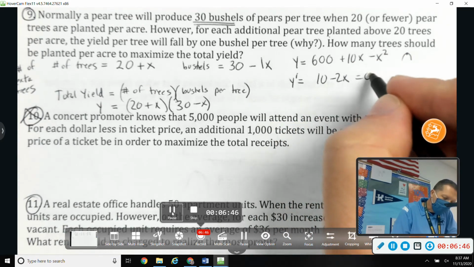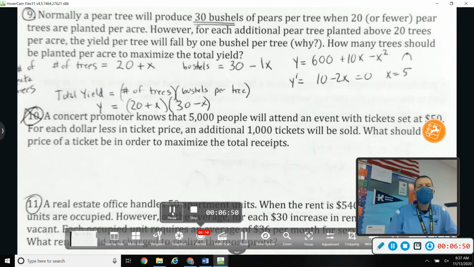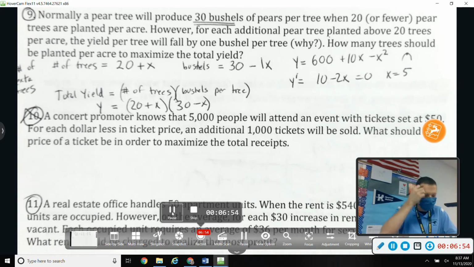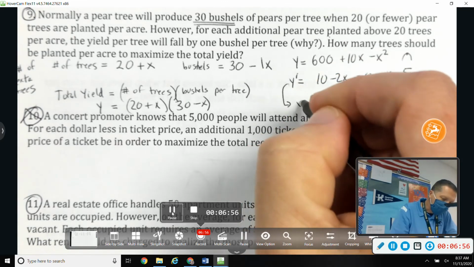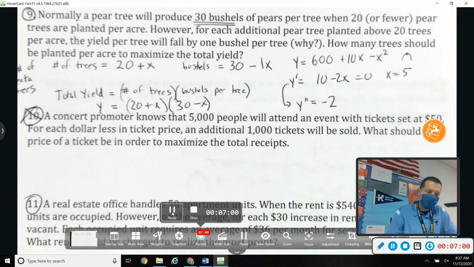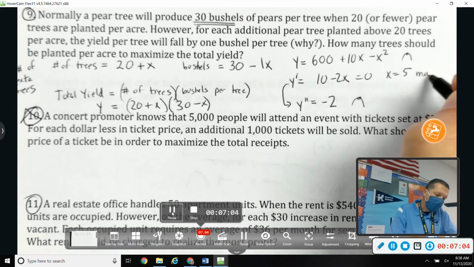Set that equal to 0. X equals 5. Pretty sure that's a max because a parabola only has a max, but let's take a second derivative to verify that. Second derivative is negative 2. That means we're concave down. So yeah, x equals 5 is a max.